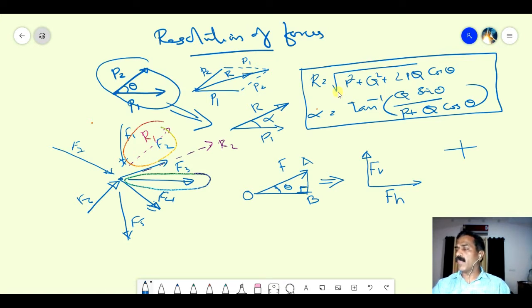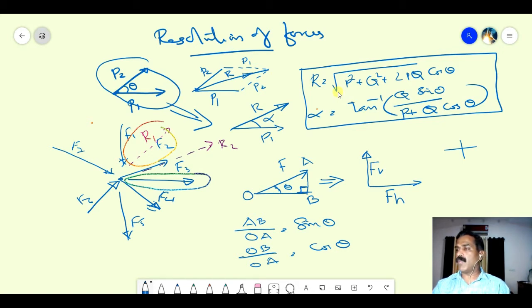Therefore AB divided by OA will give you, what will be that? Sin theta. Similarly, OB divided by OA will give you cos theta. Clear? Sin theta and cos theta. AB by OA, OB by OA.